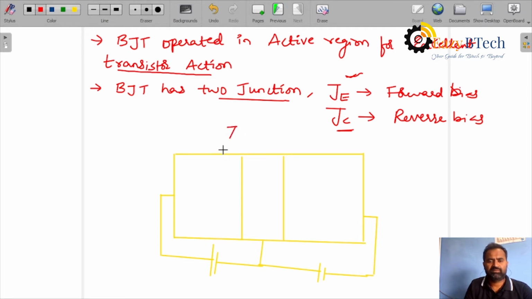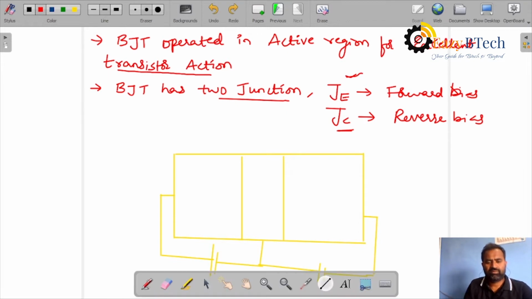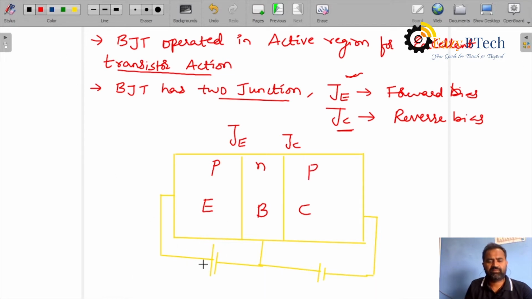This is the JE junction, this is the JC junction, this is emitter, base, collector, constructed from a PNP transistor. Okay, it is forward bias, it is reverse bias.